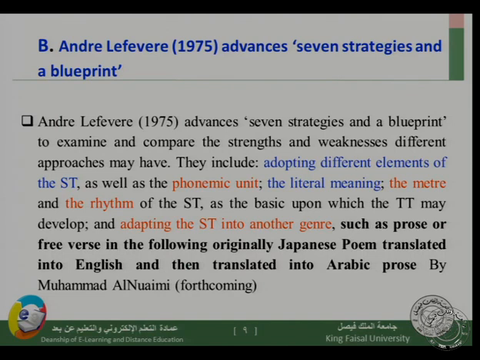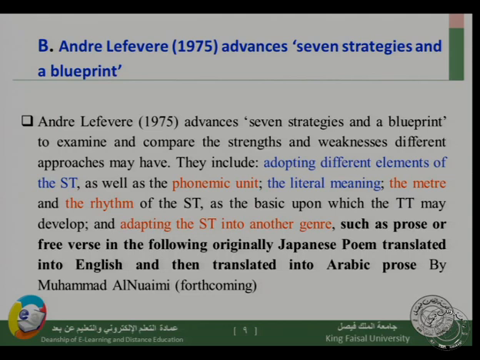He would say, when I'm translating a literary text, whether poetry, novel, story, or whatever, I need to look into the following elements: the ST, the source text, the phonemes of the unit of expression, the literal meaning, and the meter and rhyme of the ST, and then I have to use all this information when translating into another language or another genre or another type of text. It means into the target language.